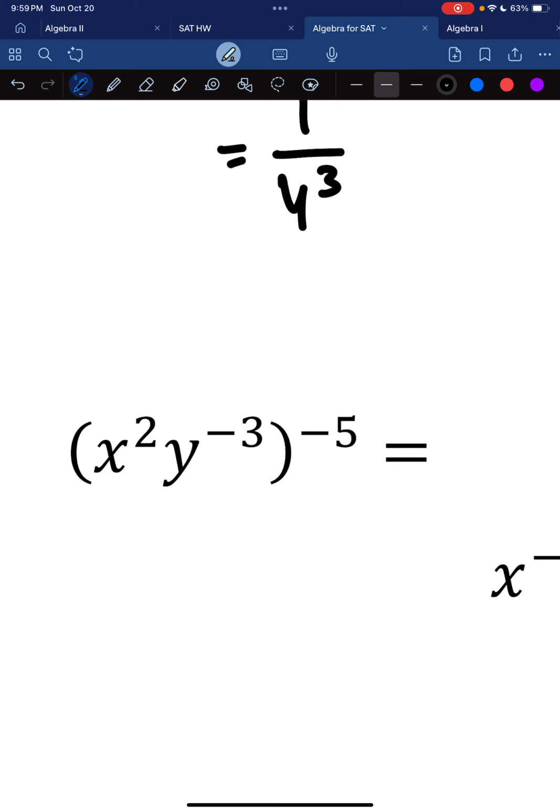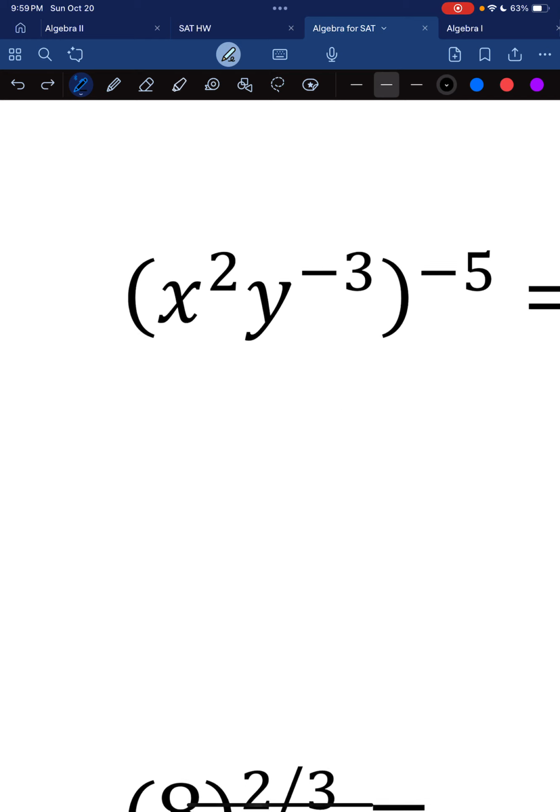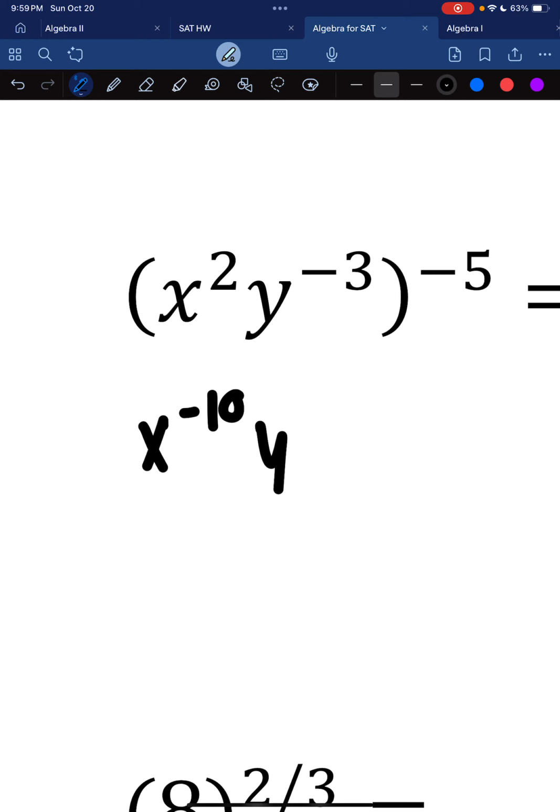Alright, now if you have x to the power of 2 times y to the power of negative 3, all to the power of negative 5, what we're going to do here is just apply this exponent to both the x and the y separately, so it becomes x to the power of negative 10, y to the power of 15.